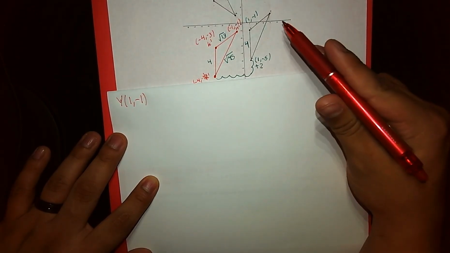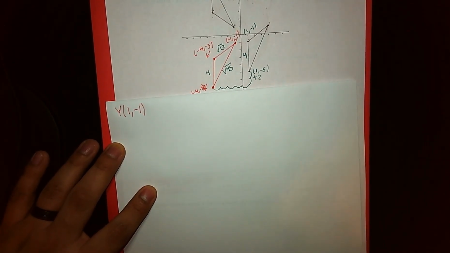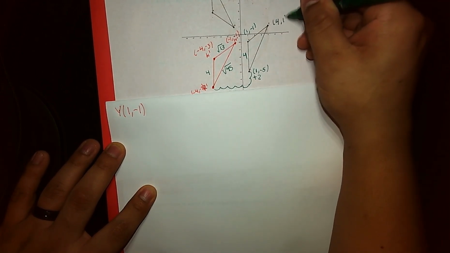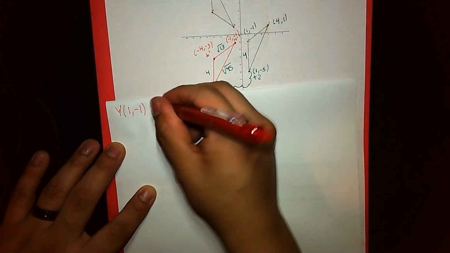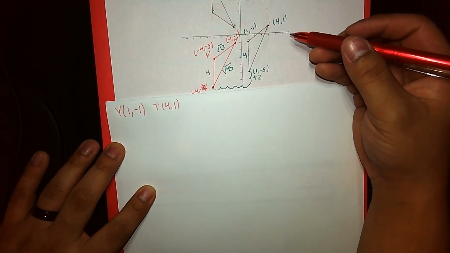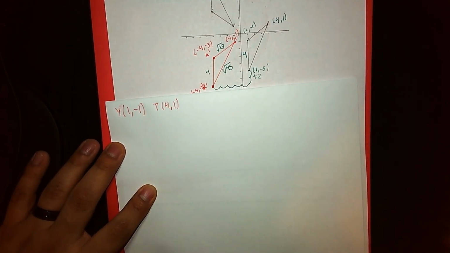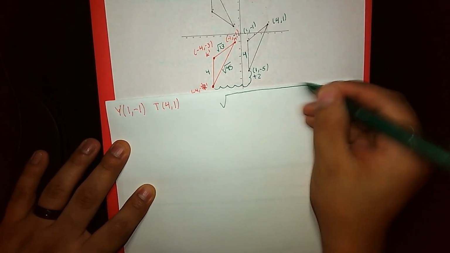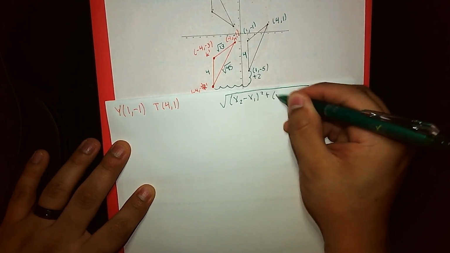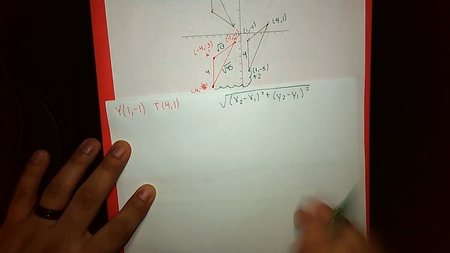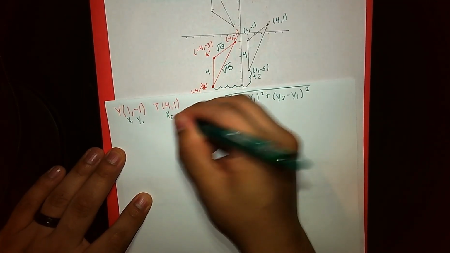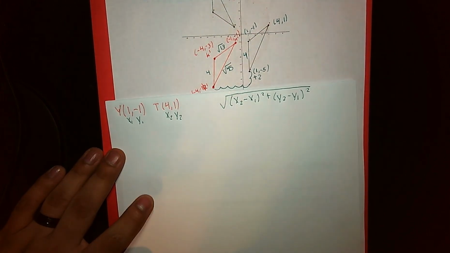And I see T, which I didn't write T down for some reason, is at 4, 1. So let's just plug into the distance formula. And again, I'm writing this for my reference here. This acts as my x1, y1, x2, y2.